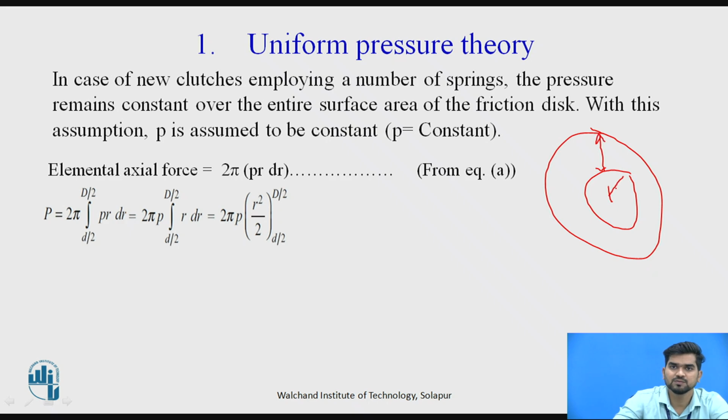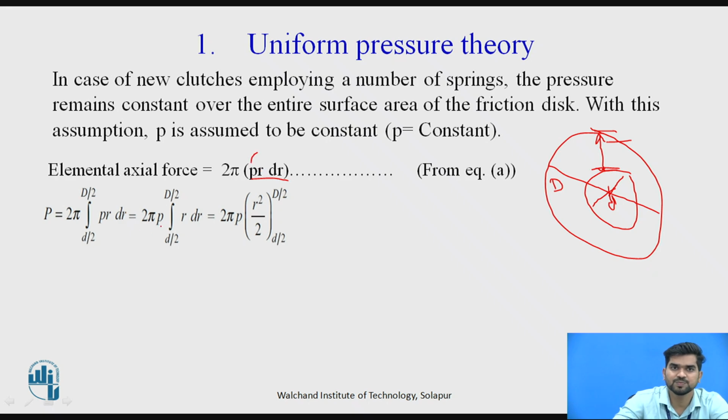This is the small diameter d, and this is the capital diameter D. So here we need to find the total force. We get P equal to 2 pi, integrating as we consider the smaller ring, from this surface to this surface, that is from d by 2 to D by 2, the radius small r to capital R, of the same term p r dr. As p is a constant, we take it outside.